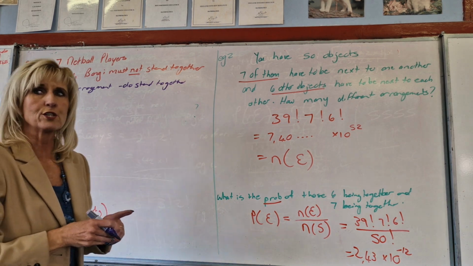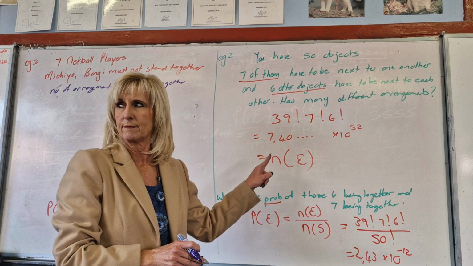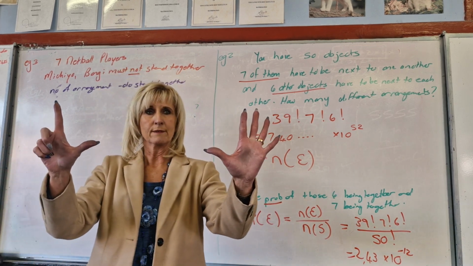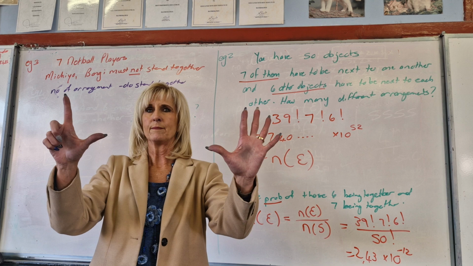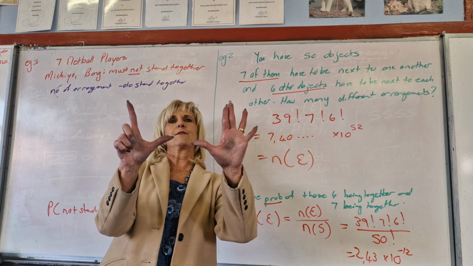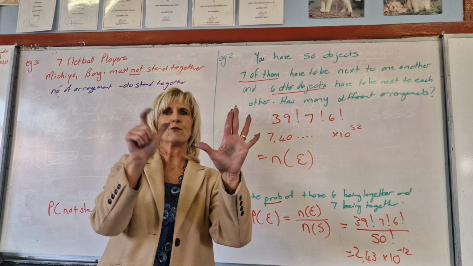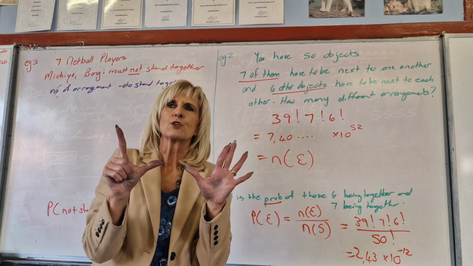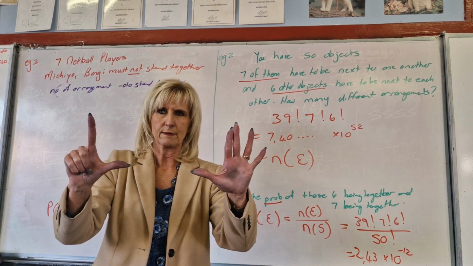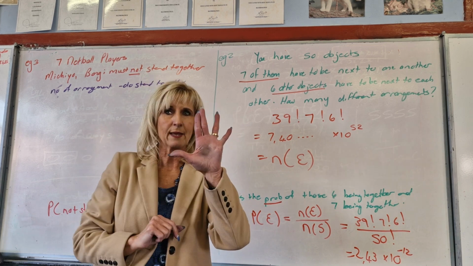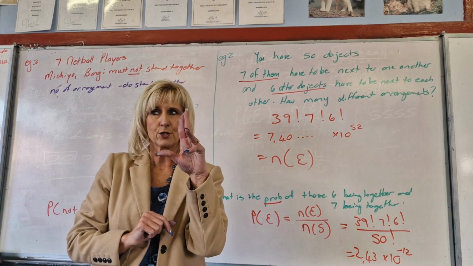The number of arrangements so that they do stand together will mean, are there 7 girls? Nope, there are 6. Count them. 1, 2, 3, 4, 5, 6. It's not girls, it's things. Okay? 6. But this can stand on 2 ways.